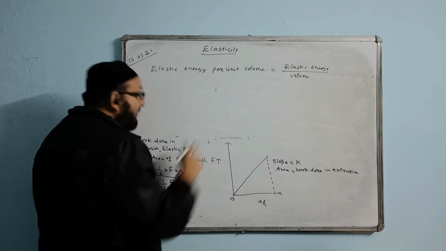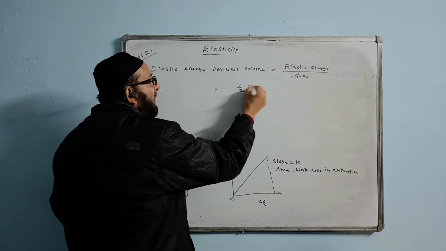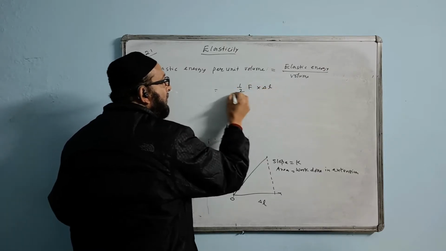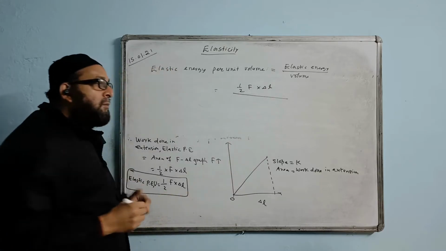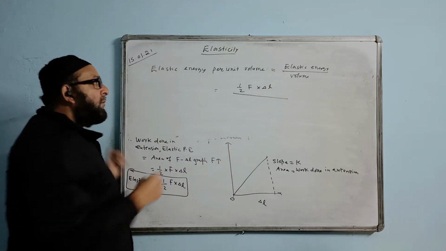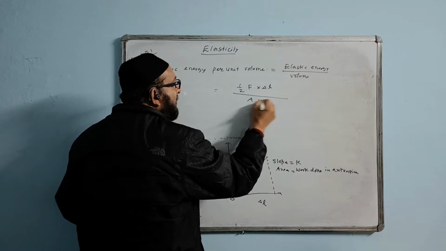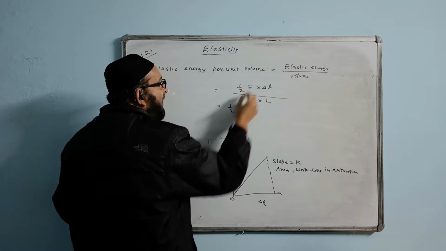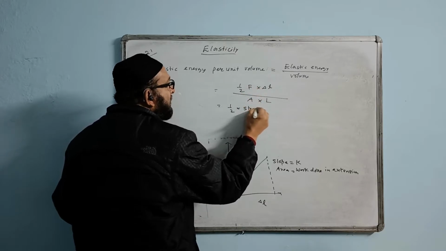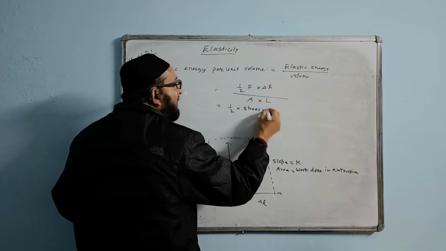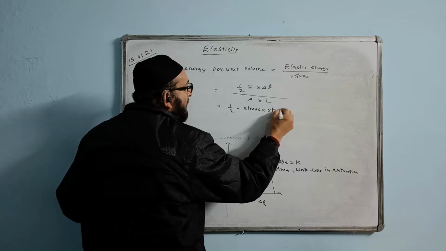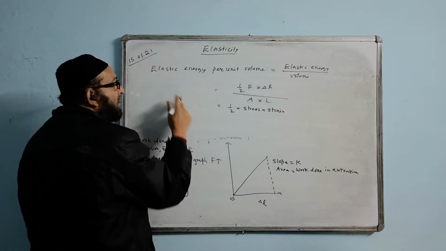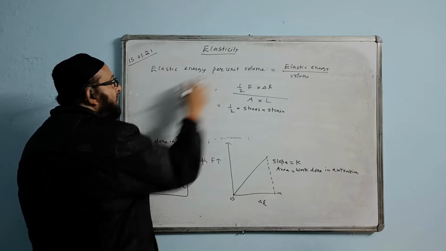The elastic energy formula we just found is half F into delta L. The volume of the body is the area of cross section into the original length. This becomes half, F by A becomes stress, delta L by L becomes strain.